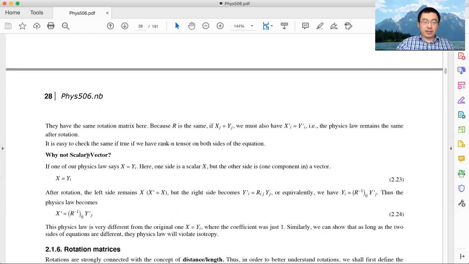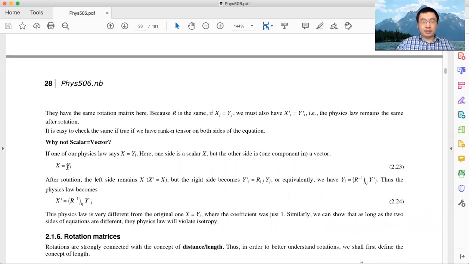But if I have a scalar equals a vector, that would not work. If I have a scalar x equal to, say, one component of the vector y_i, then under rotation, x doesn't change because x is a scalar, but y changes because y is a vector. Now under rotation, it becomes this. Then in this new coordinate system, my physics law will be very different from what we had before.